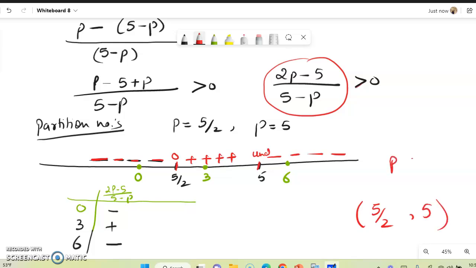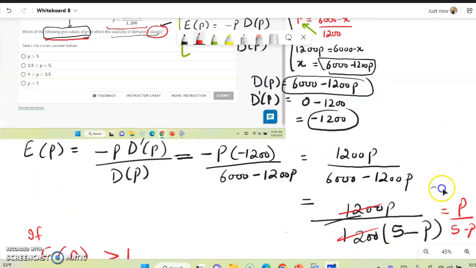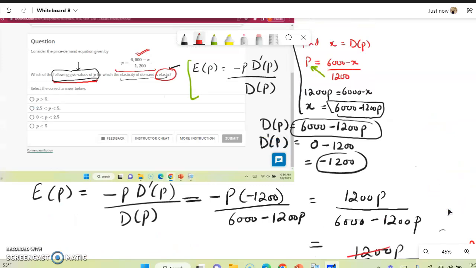That means P should be between 5 by 2 and 5 for the elasticity to be elastic. If you notice, 5 by 2 is 2.5, so the answer is P is between 2.5 and 5. That should be your answer. Okay.